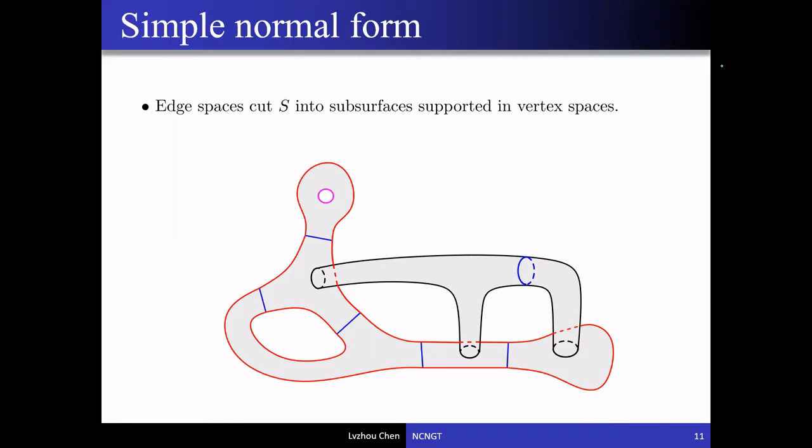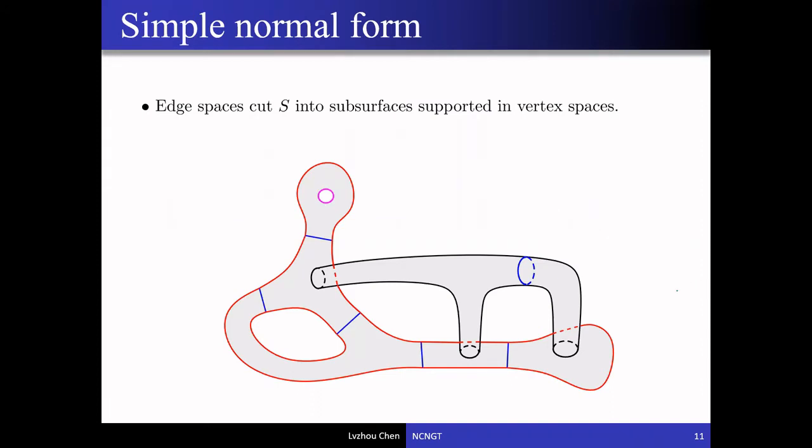Suppose we have a surface that is admissible or relatively admissible, like the one in the picture. Here, the boundary red curve represents those boundary components that wrap around the given loop gamma. The pink loop here represents some possible actual boundary components that are supported in vertex spaces.